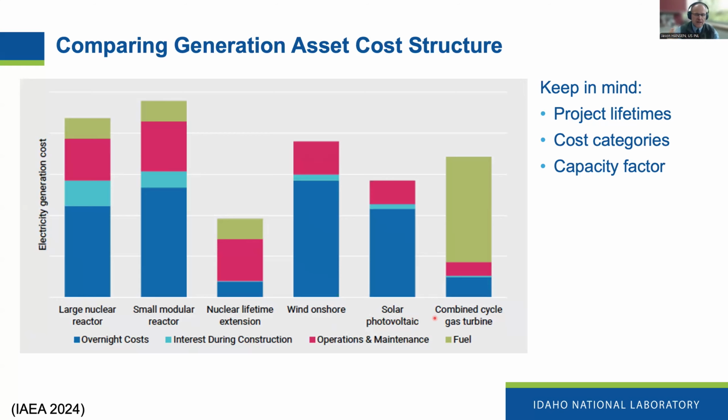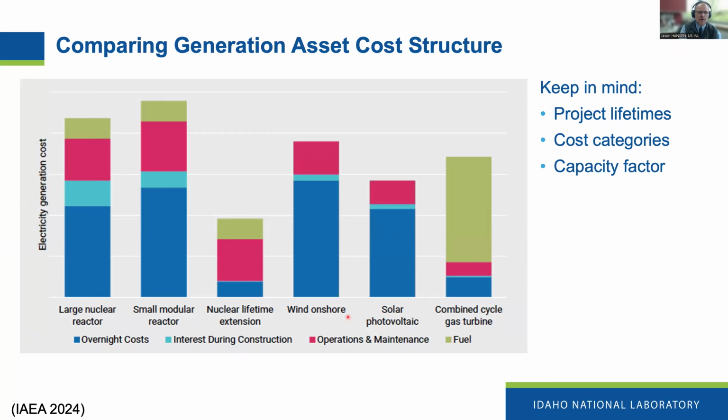So keeping in mind the limitations I told you about in the previous slide, these all have different project lifetimes. A nuclear power plant could operate for 80 years. Within that 80-year time frame, a solar farm might have to be replaced 4 times, or a wind farm might have to be replaced 3 times.